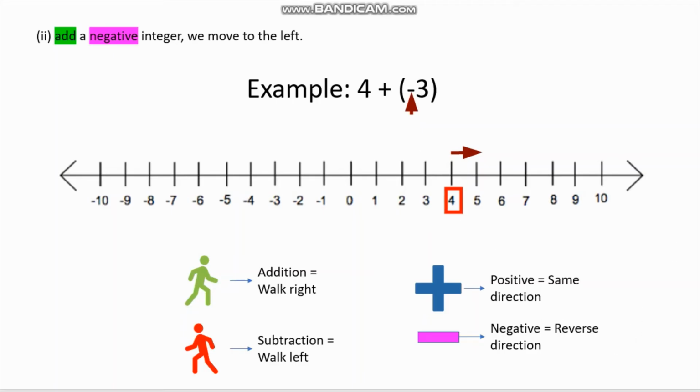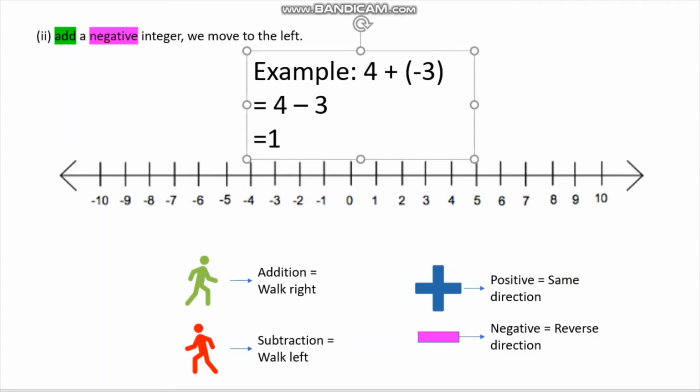Because it's a negative number, we have to reverse the direction. Because we were turning towards the right, the negative sign indicates we have to reverse the direction and go to the left. So starting at 4, 1 left is 3, and next 2 and 1. So this is the same as 4 minus 3, which is equal to 1.